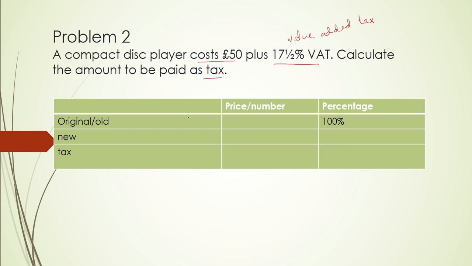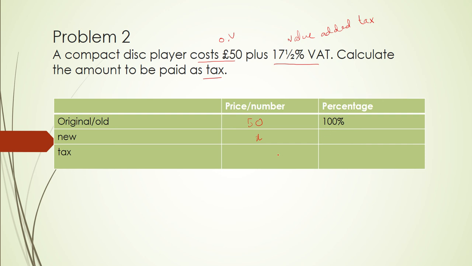They are not asking the amount after adding the tax. So the original value is this, and this is the tax value. This is not the new value. So let's start putting them in the table. The original value is £50, which is 100%. The new value we don't know, because it's tax. Tax means more than 100.